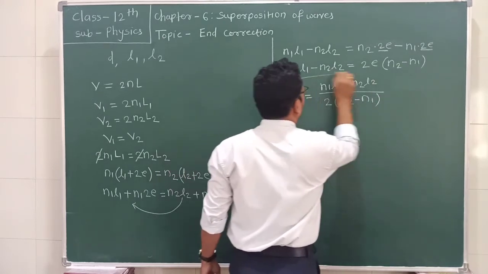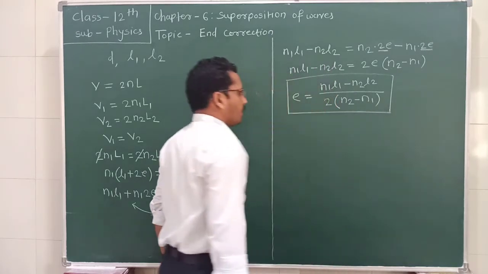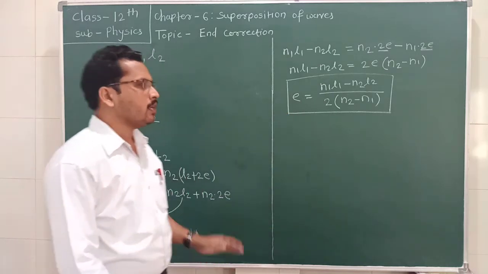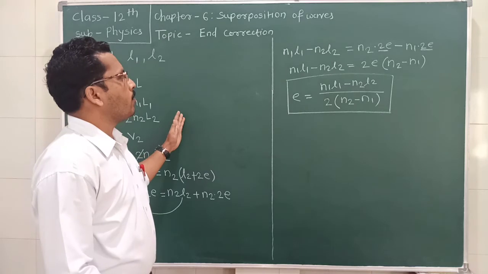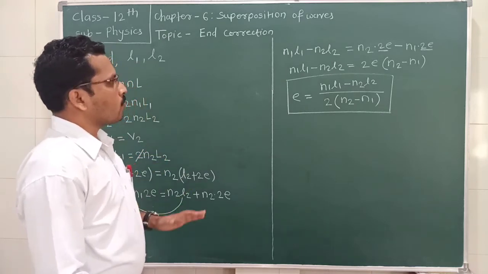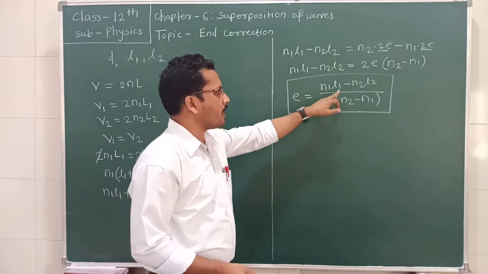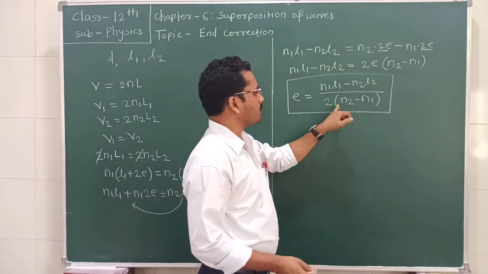So this is a very simple formula to determine the value of end correction when we are studying with the pipe of air column which is open at both ends. So this is E is equal to N1 L1 minus N2 L2 divided by twice N2 minus N1.